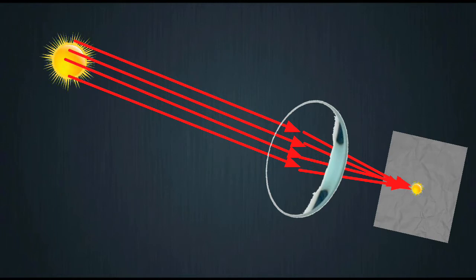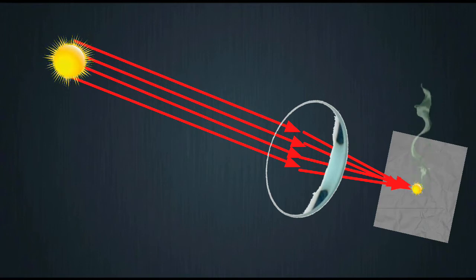Now if you put a piece of paper in front of the sun rays with a convex lens and you achieve the bright spot, you will find that smoke comes out from the bright spot because the paper starts burning.